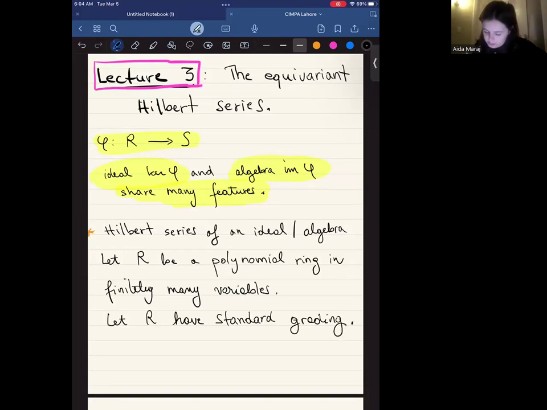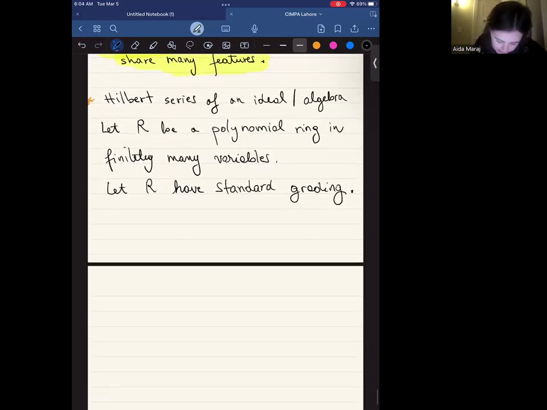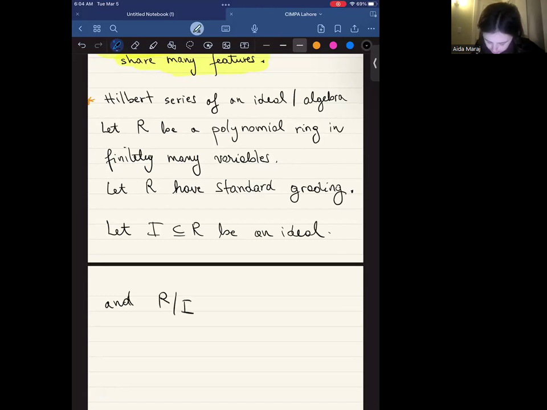Now let I in R be an ideal, and R mod I its quotient ring.